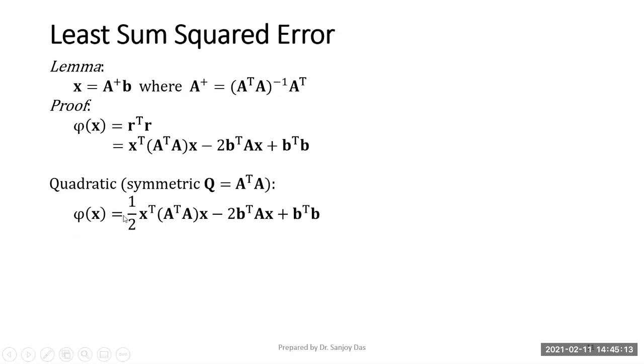What's the derivative of this? Think of this as Q in the previous slide. So this would be Qx, right? Which is, there's no 2 here. This 2 is a typo. So this is simply A transpose AX. And this is negative.